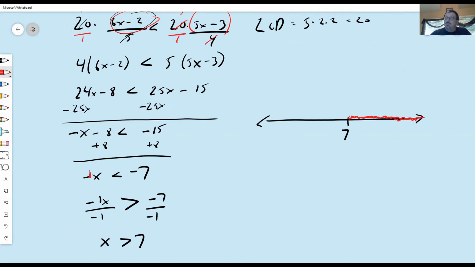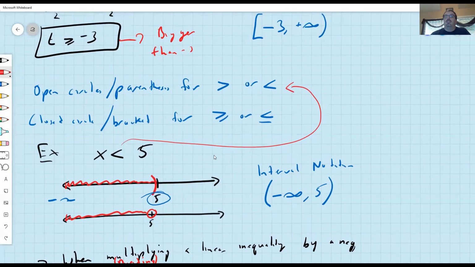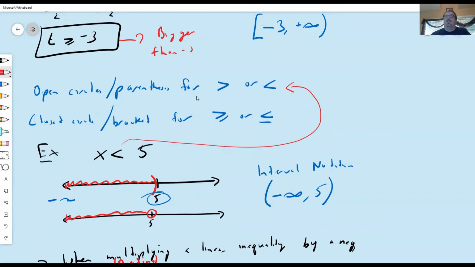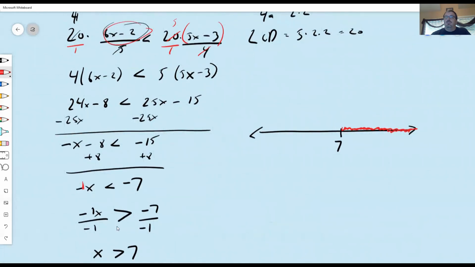Strictly greater than, which means, let's go back up here, open circle or parentheses for greater than or less than. Closed circles or brackets for greater than or equal to or less than or equal to. We have strictly greater than, so it's going to be a parenthesis or open circle. So there it is.